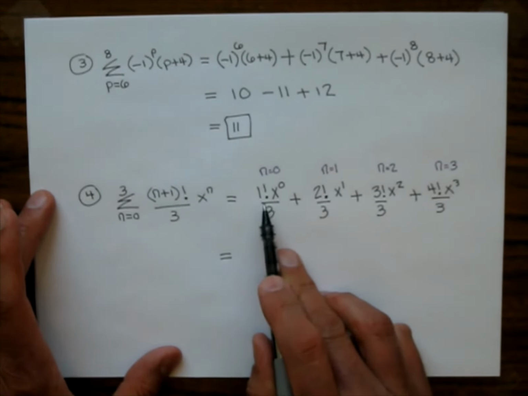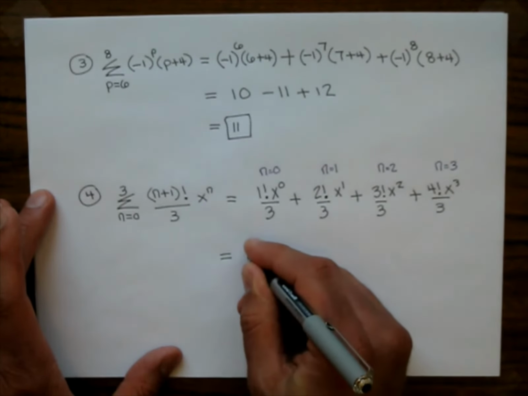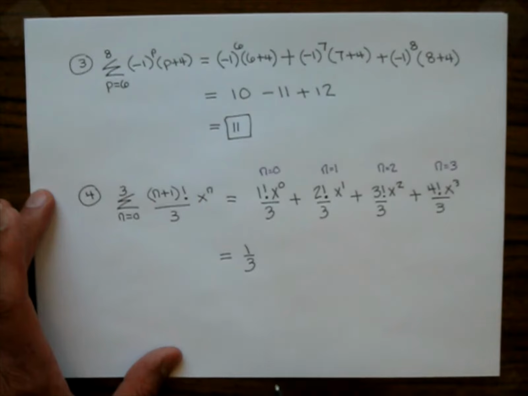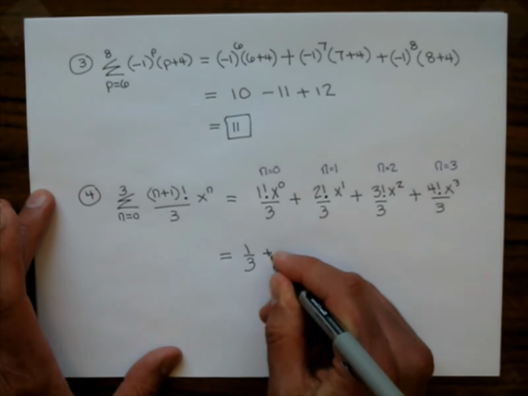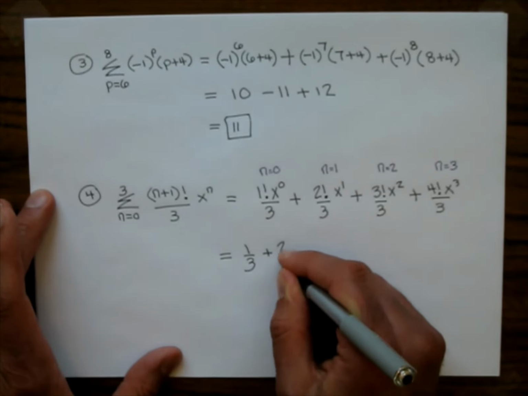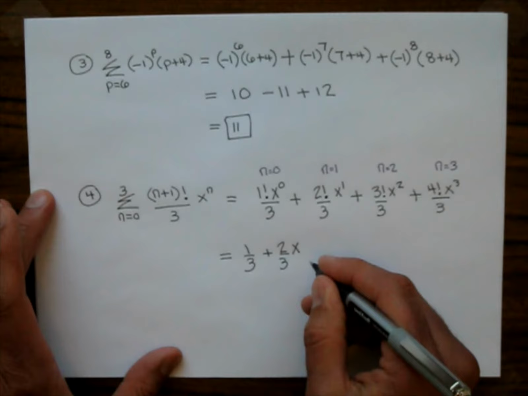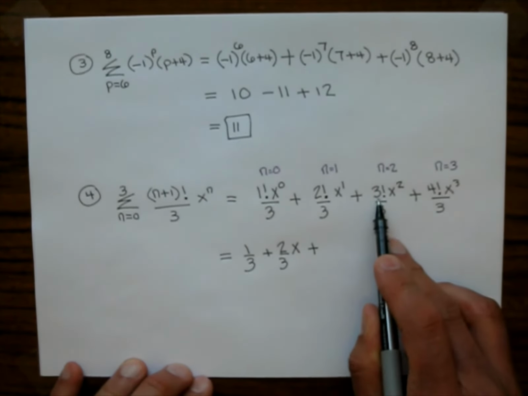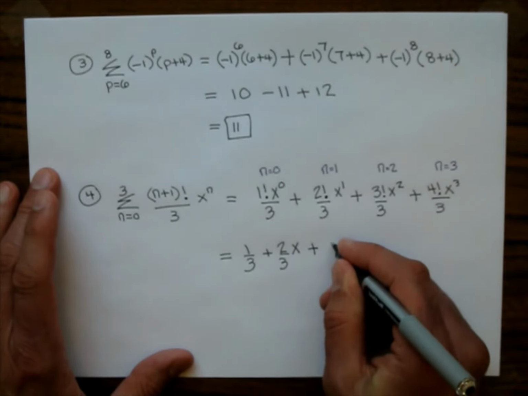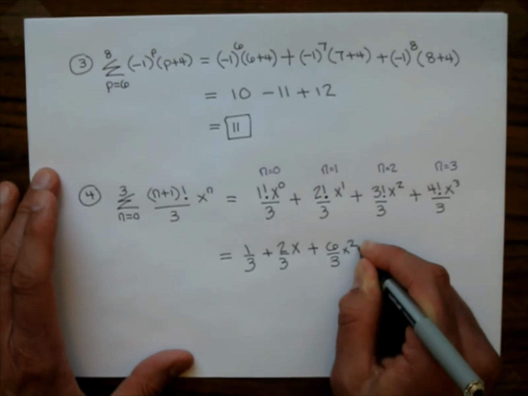So look at this. We have 1 factorial is just 1, and then x to the 0 is 1, so the first term is 1/3. 2 factorial is 2 times 1, which is 2, so I have 2/3 x. We're not going to put the 1 power. And then this one's going to be 3 factorial, which is 3 times 2 times 1, which is 6, over 3 x squared.